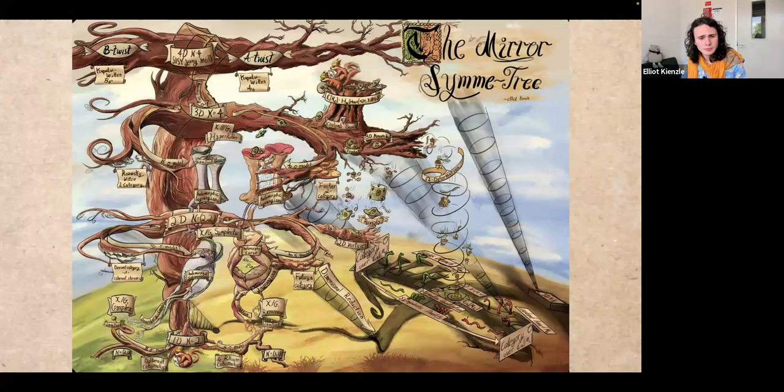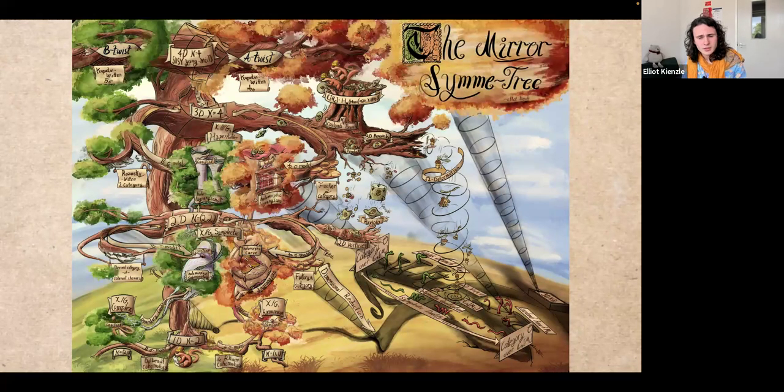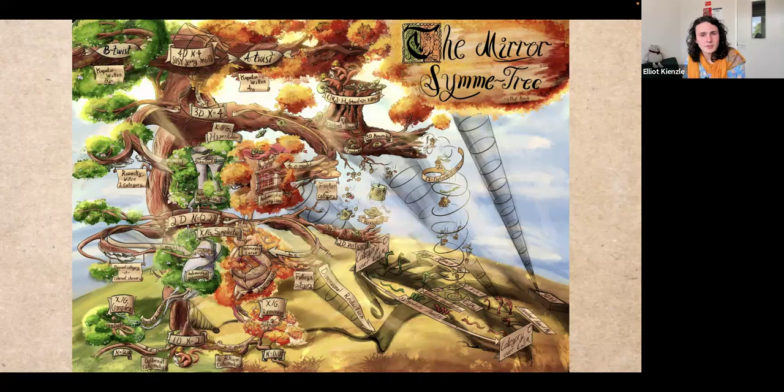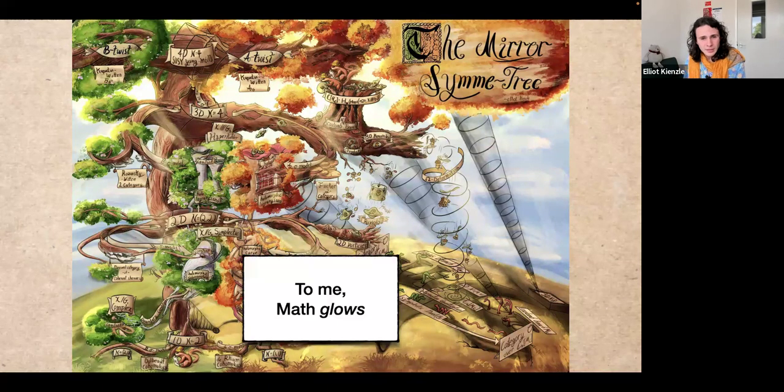I need to give it a background. I need to give it leaves. I need to give it shadows and saturation, and I need to make it pop. And most importantly of all, I need the sunbeams, because for me, math glows.